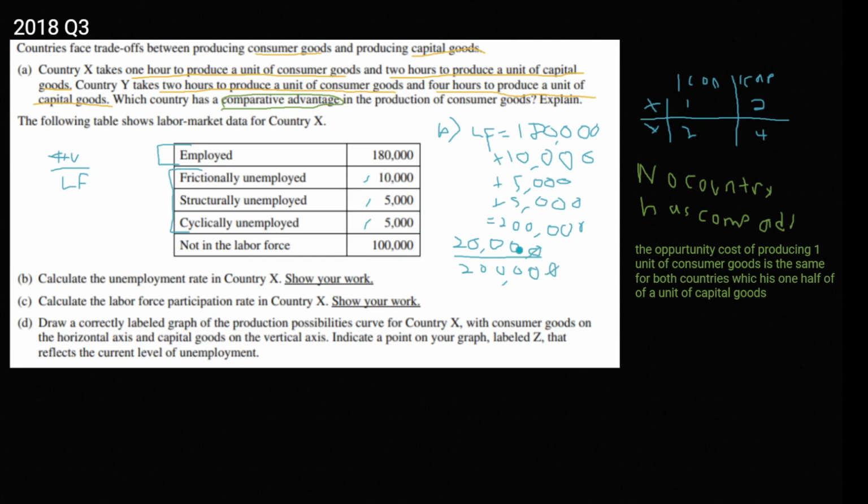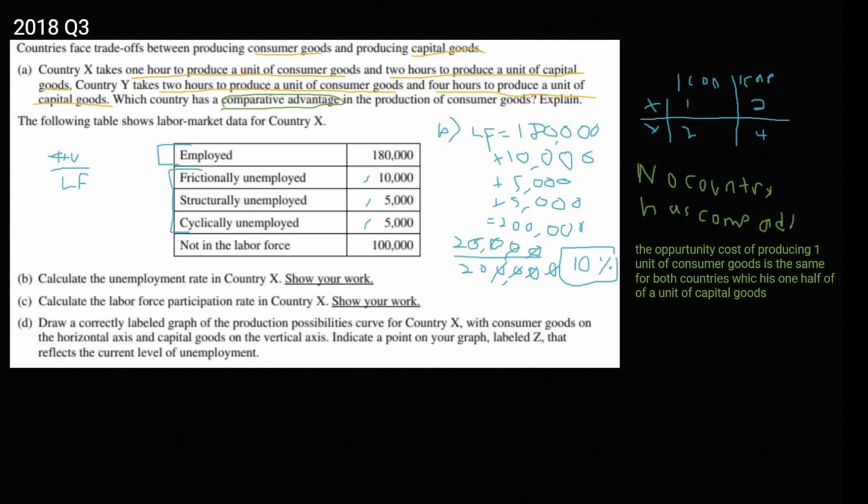See, cancel these tens places. 2 over 20 or 1 over 10, which is 10%. 10% unemployment.